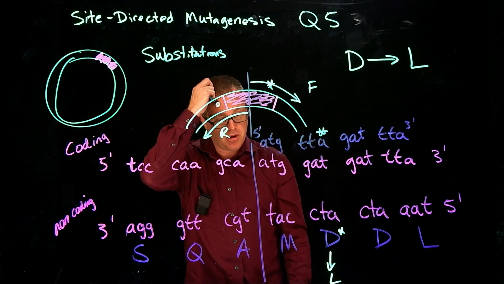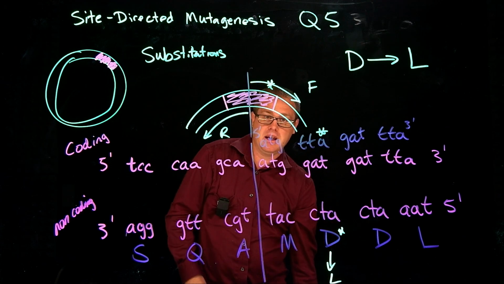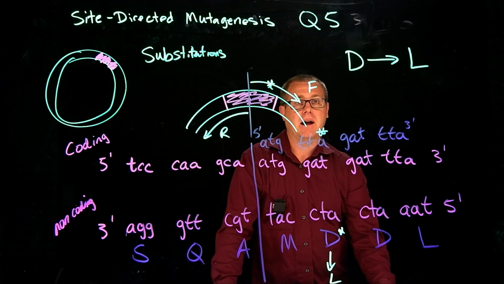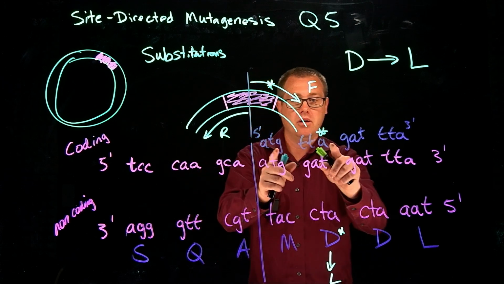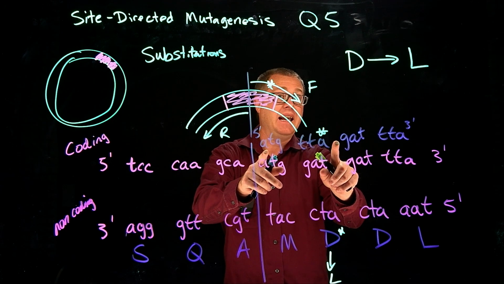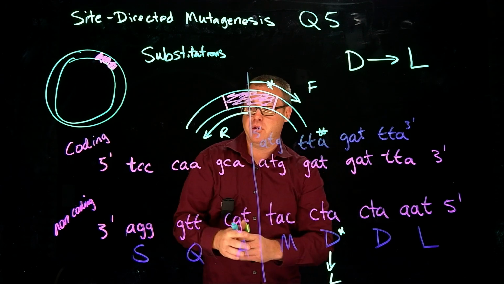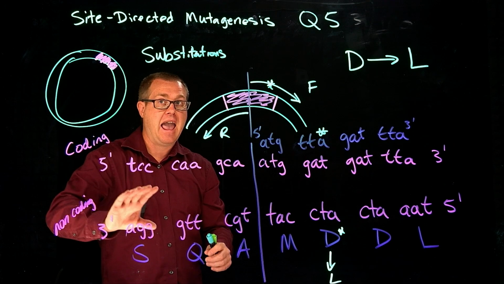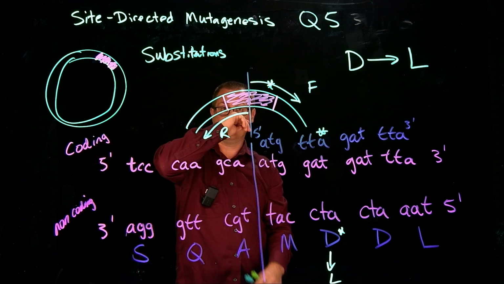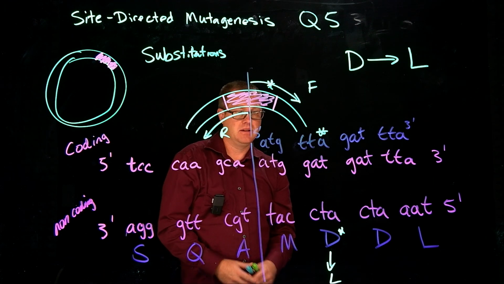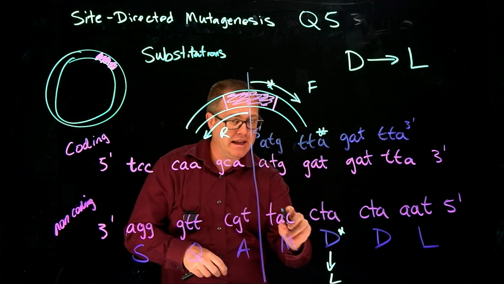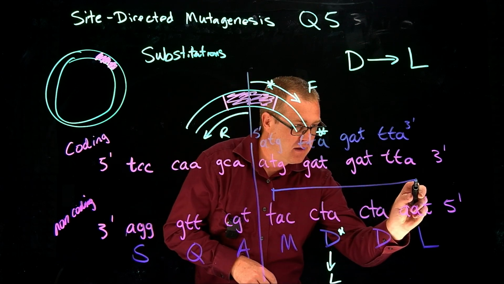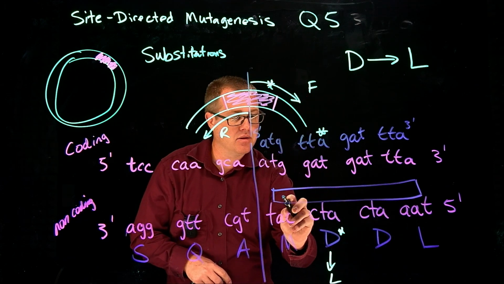But remember, if you go to my video about PCR, this forward primer, where is it going to anneal when you take this DNA and denature it? That primer that I've just drawn right here in blue, it will anneal right here. Okay?